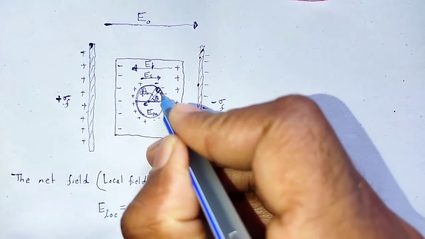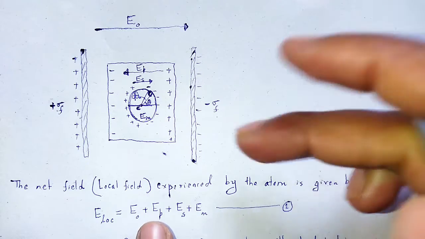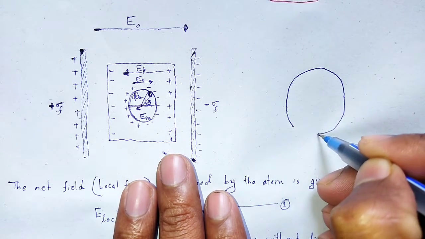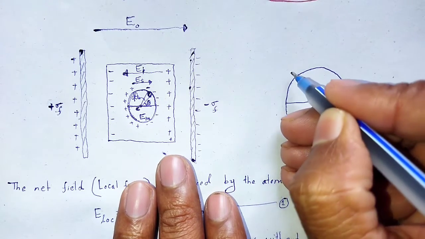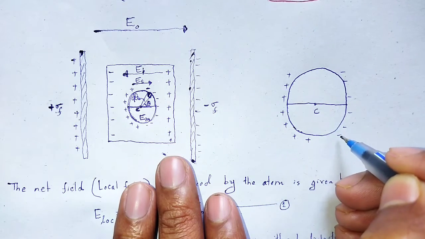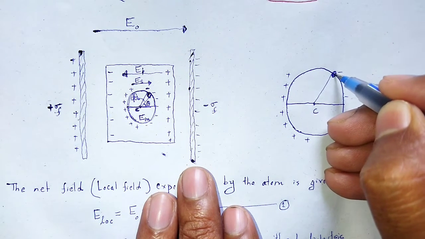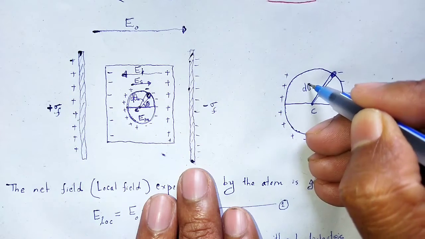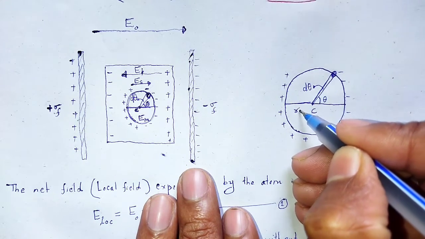The direction of polarization, to show it, that figure can be drawn outside for our clarity. Let's see. A small portion is chosen. It has the solid angle d theta at an angle theta, and r be the radius.